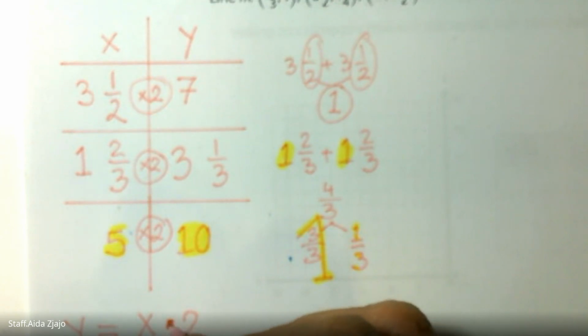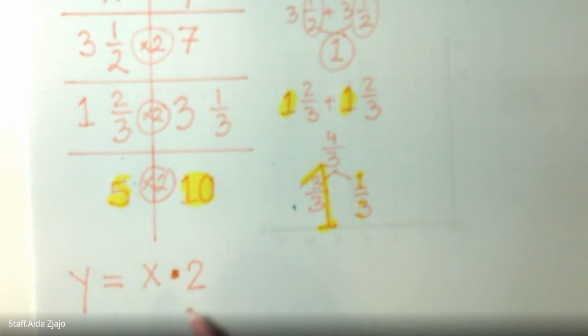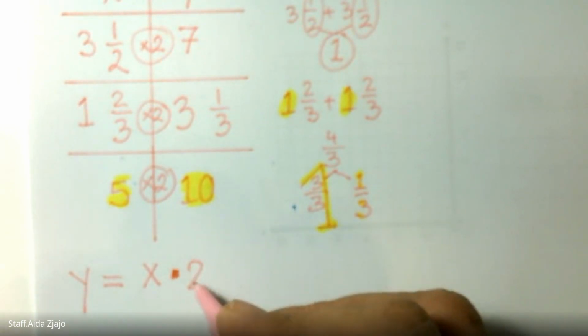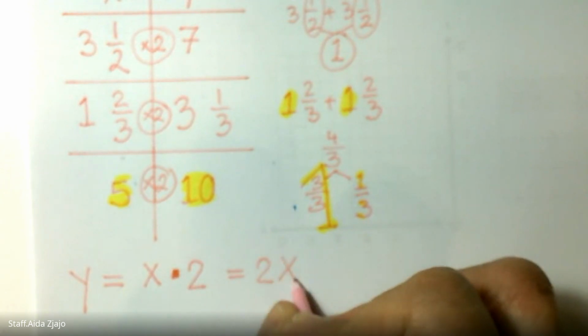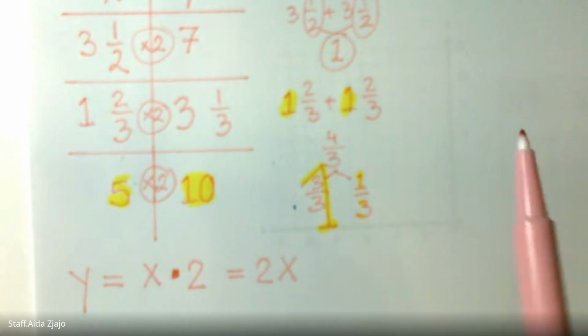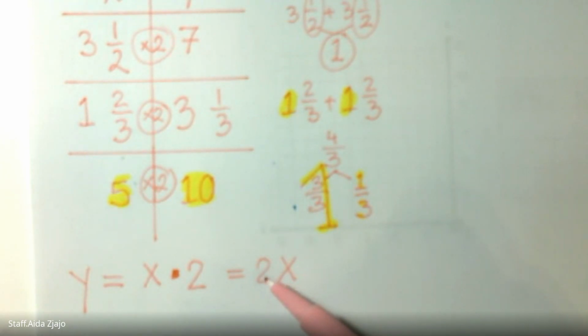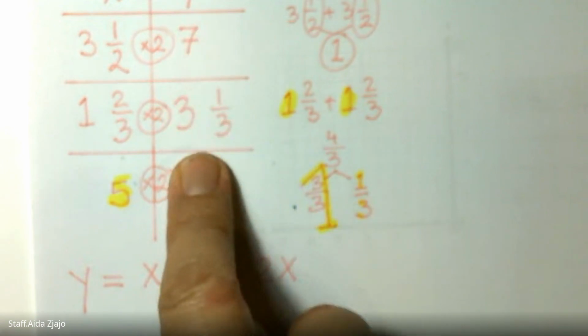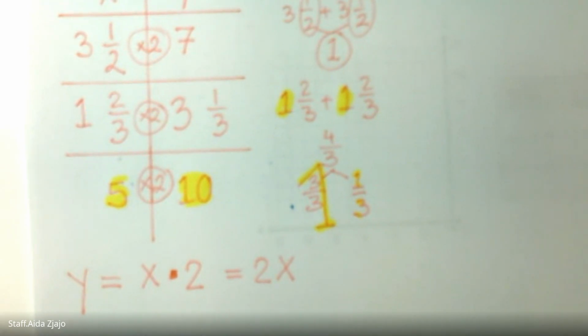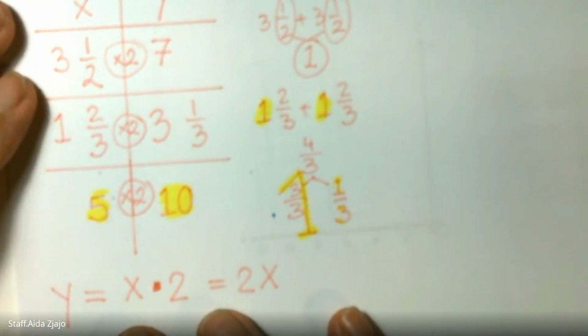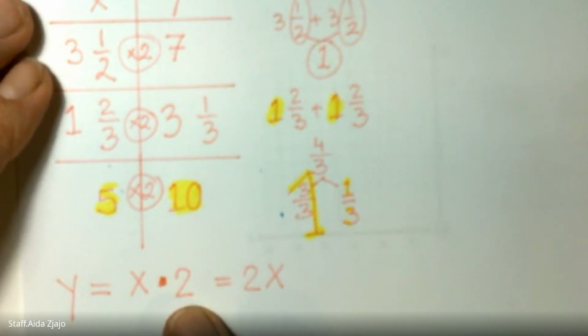I can use the dot instead of multiplication, so x times 2, or we can also change this to 2x. This is an invisible multiplication symbol. It means 2 times x, or x times 2. Why? To find the y, you need to multiply the x by 2, so 2x. All right? So the relationship for L is y is twice x.